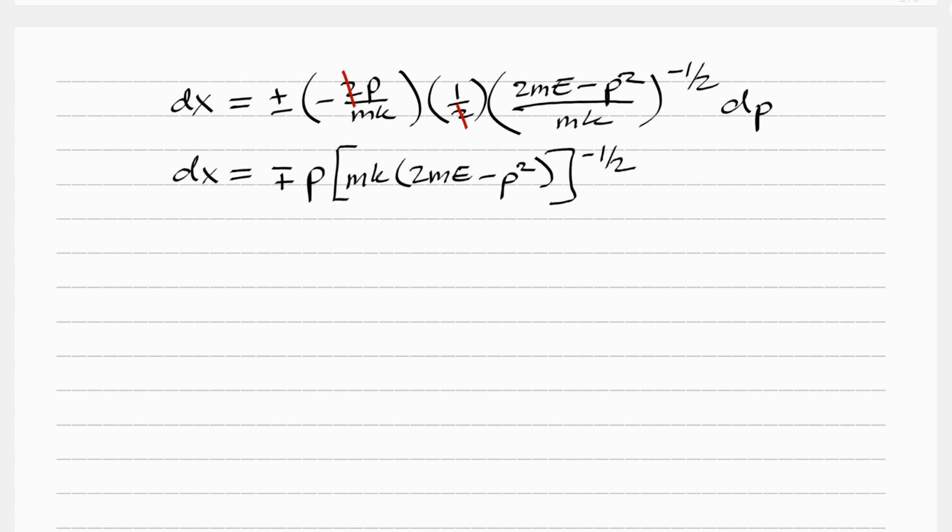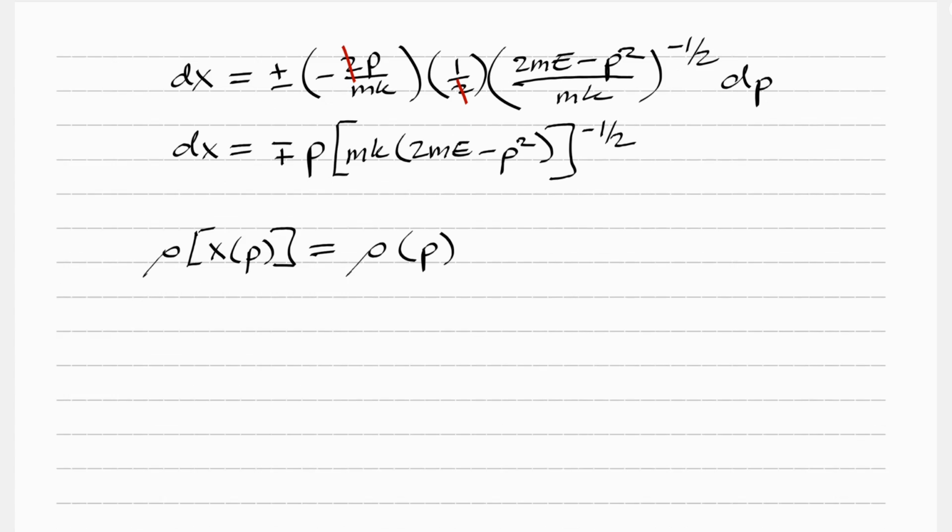And so going back to earlier, we had rho of x dx equals 1 over v of x times T dx. So really we are writing rho as a function of x, which is a function now of p, or in other words, rho is just a function of p, and we can write it as this.